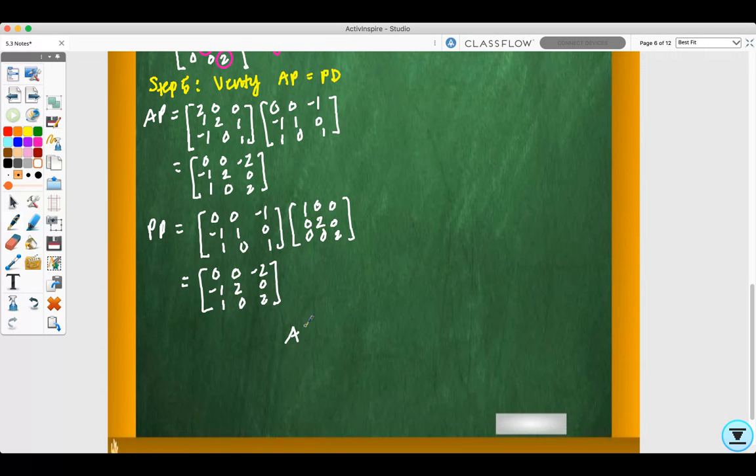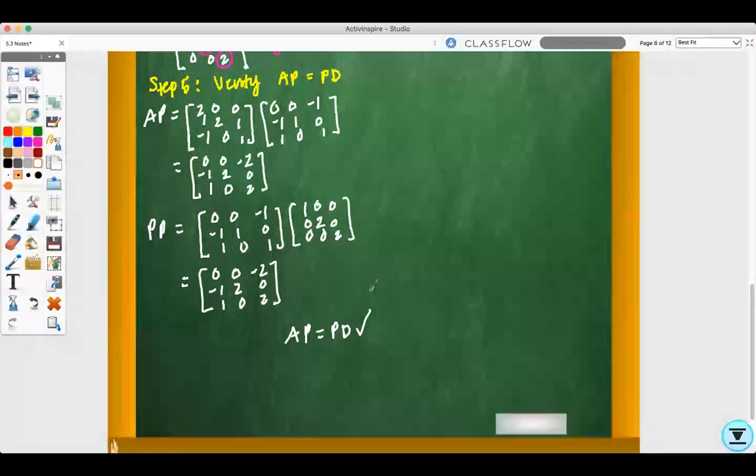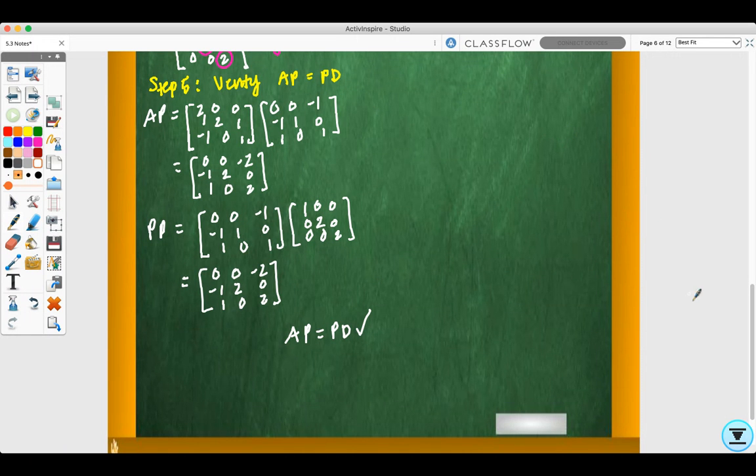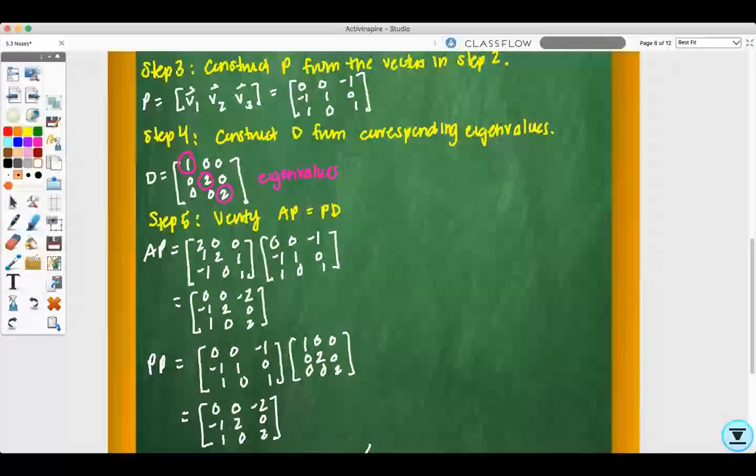So AP does equal PD. And we're good. So we diagonalized the matrix, if possible, by finding the diagonal matrix in step 4 from the eigenvalues. And we verified it by finding AP equals PD.